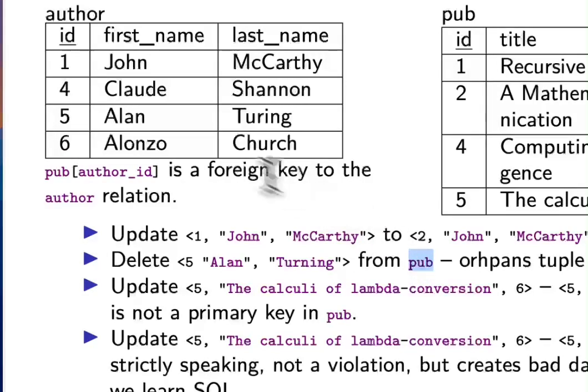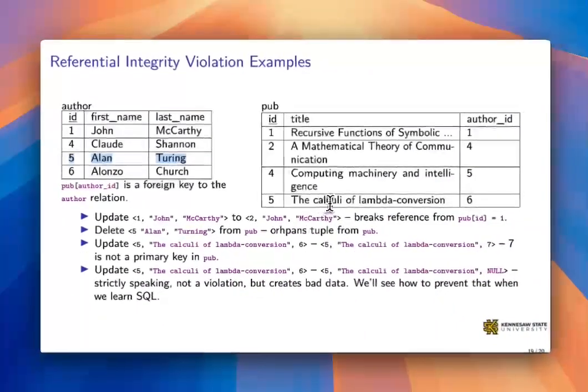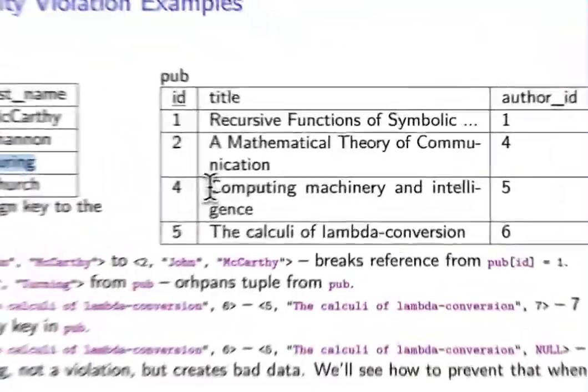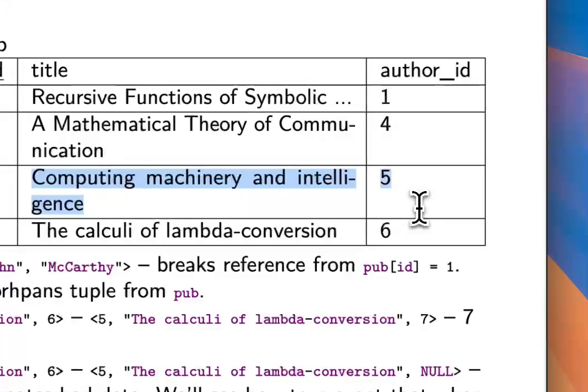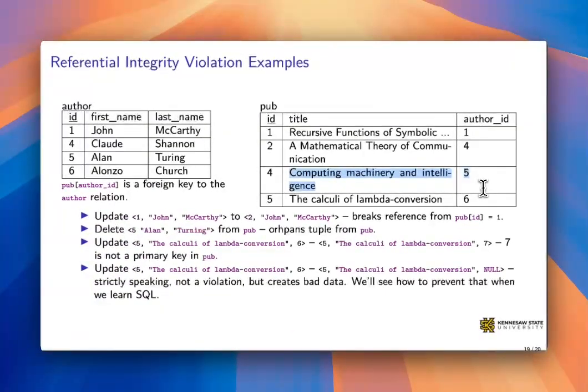So if we tried to delete 5 Alan Turing from the author relation, that would orphan Computing Machinery and Intelligence from the pub table. So I'm getting ahead of myself. We're still talking about the relational model theory. All right. So that's a referential integrity violation.